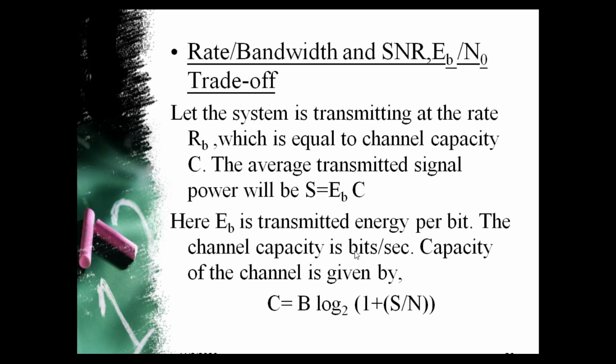The channel capacity is in bits per second. Then we have the expression for the channel capacity of the continuous channel: C is equal to B log(1 + S by N). Here S is the signal power, equal to Eb into C, and note that the term Eb is the transmitted energy per bit.